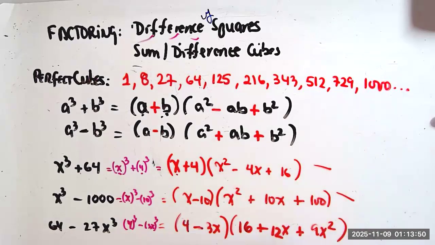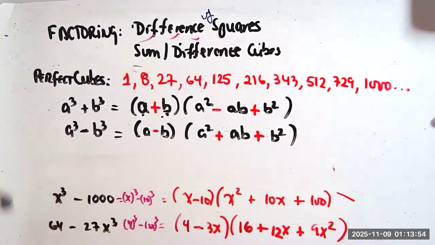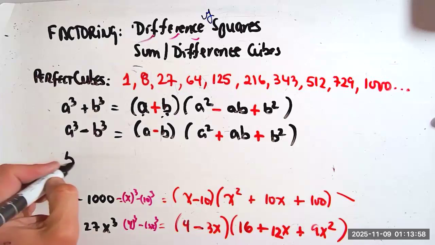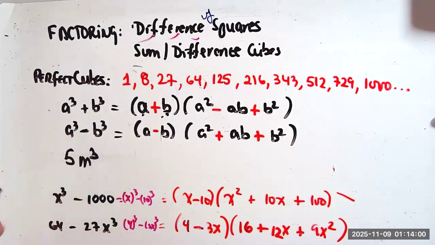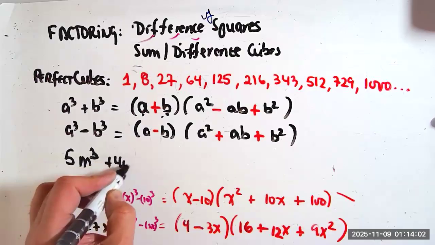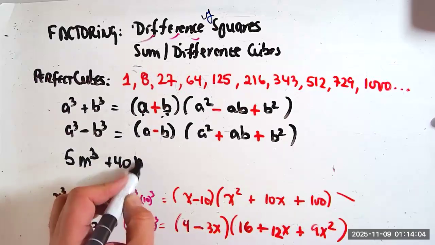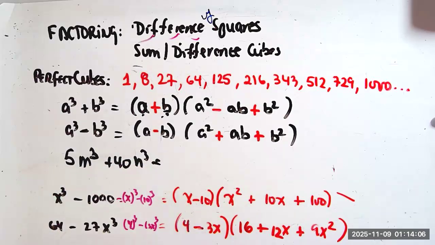Okay. I have 2 more examples. Let me just erase, so I don't have to pause the video. What if I have 5m cubed plus 40n cubed? If you don't have time, you can always pause the video and write this.